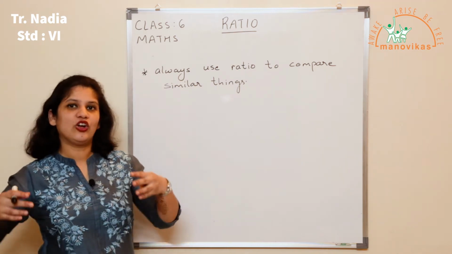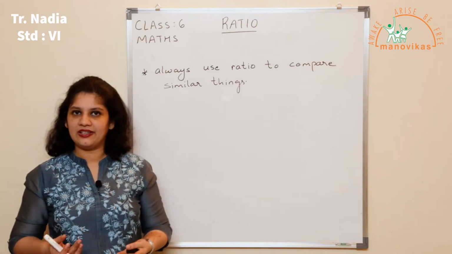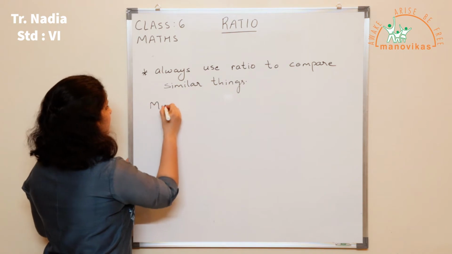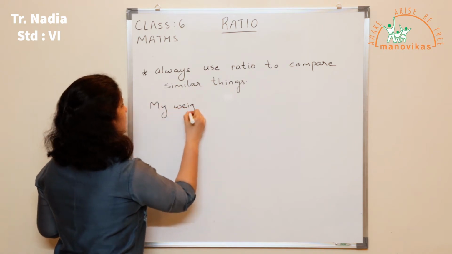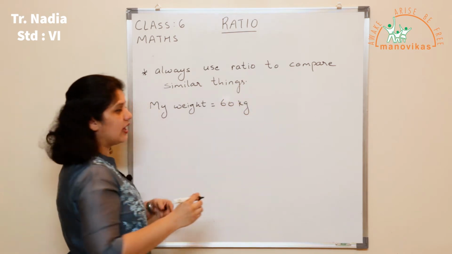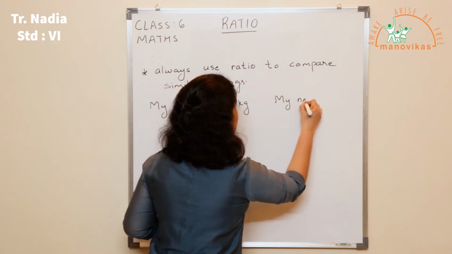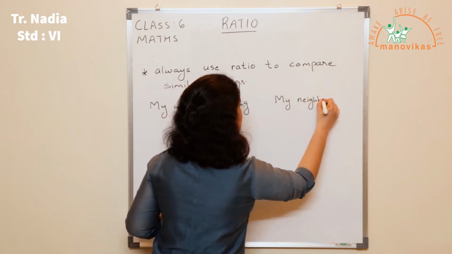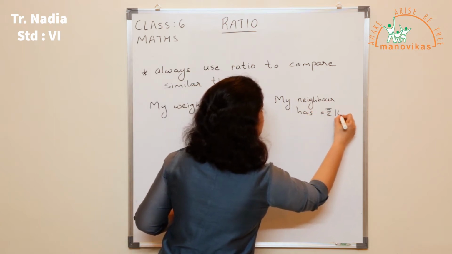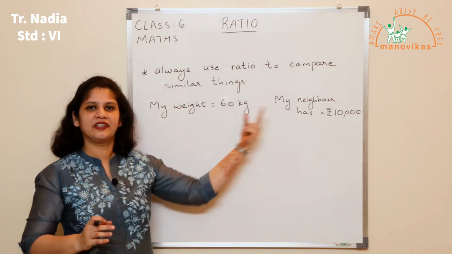For example, I cannot talk about my weight and the amount of money that my friend has. That will be wrong. Supposing I tell you all, my weight is equal to 60 kg and the amount of money that my neighbor has is rupees 10,000. Now you can see here, children, these are two different kinds of things.